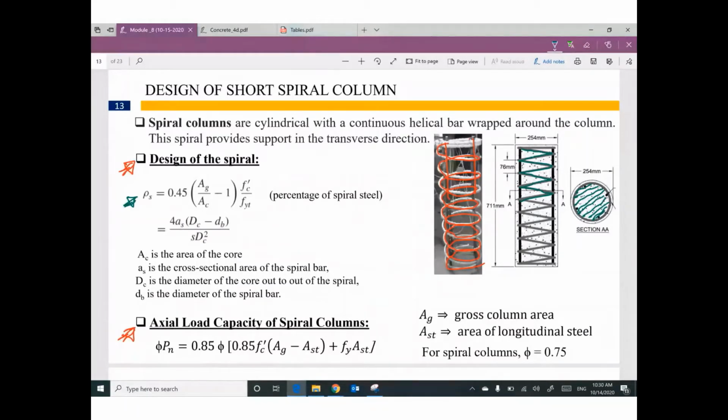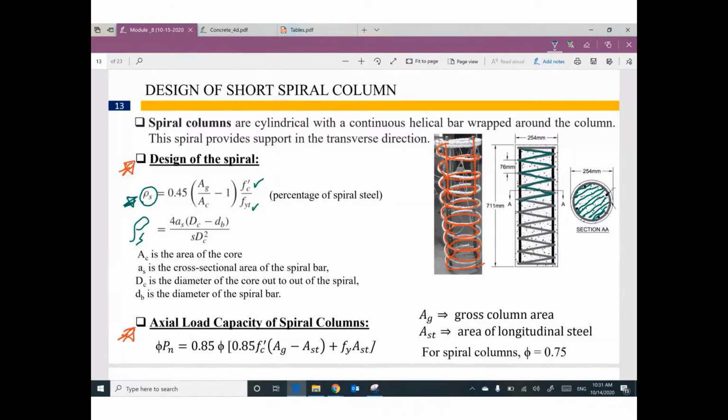This rho also equals 4 A_S times (DC minus DB) divided by S times DC square.